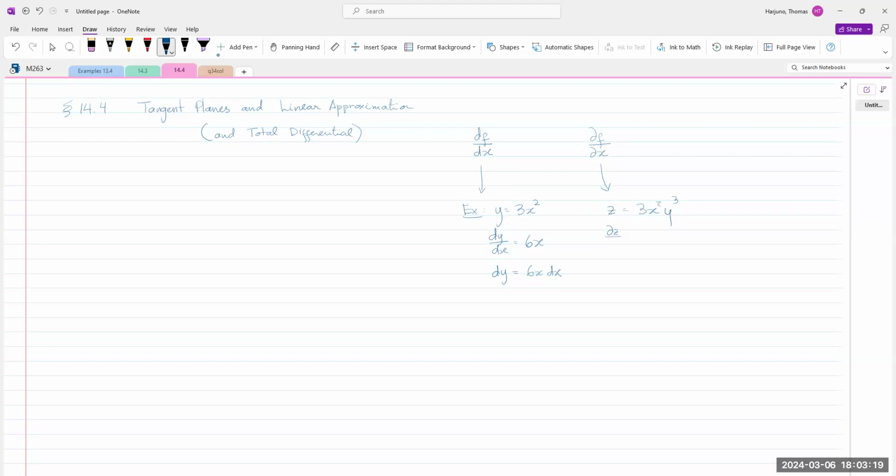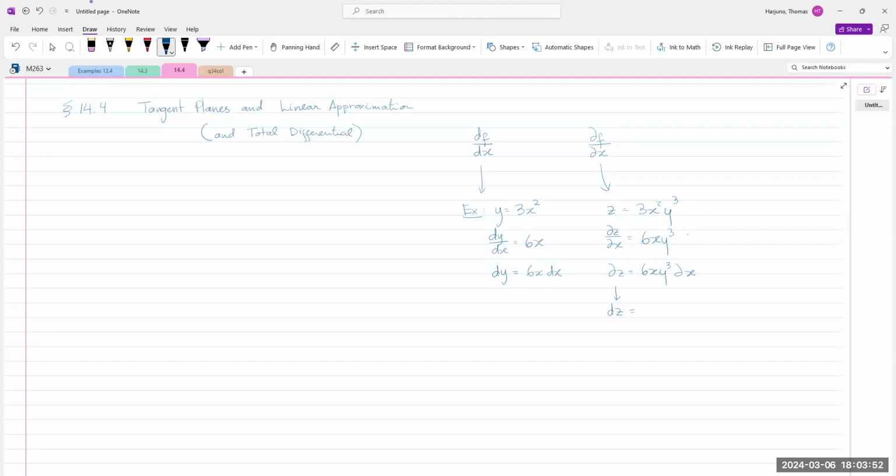The partial of z with respect to x will be 6xy cubed. Okay, now of course we can still say the partial differential of z will be 6xy cubed ∂x. But in our Calc 3, later on we will see dz, which is the total differential, or simply just differential.